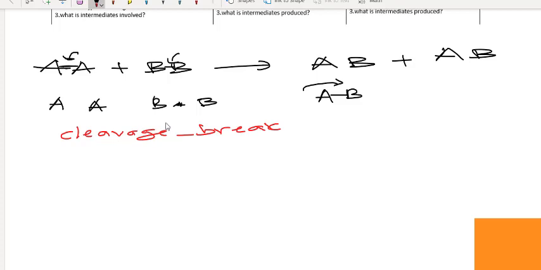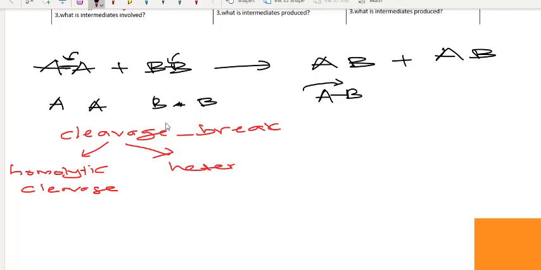So we have to know how many types of bond breaking or bond cleavage. There are two types of cleavage in organic reactions. The first one is homolytic cleavage. Another one is heterolytic cleavage.